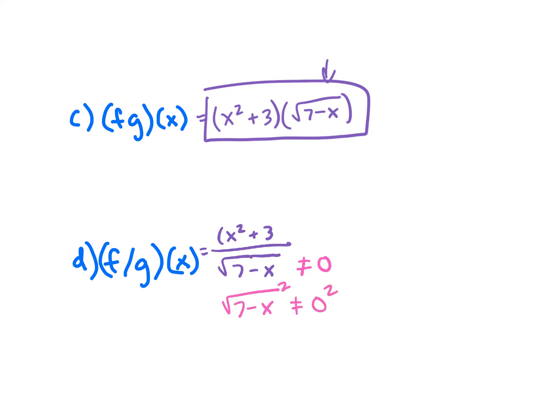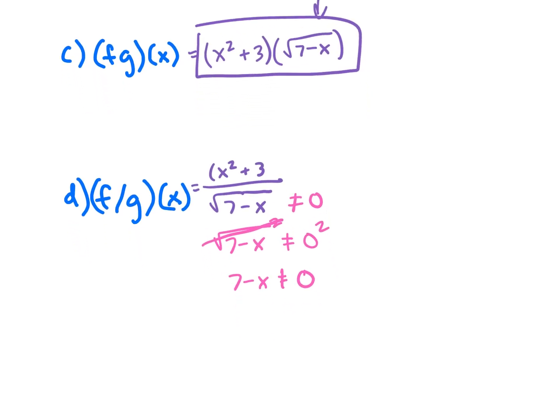So I would square both sides to get rid of that square root. So 7 minus x does not equal 0 squared, which is still 0. Then I can add x to the other side. So 7 does not equal x. So in my answer, whenever I divide, I also have to state my domain. So x cannot be 7.